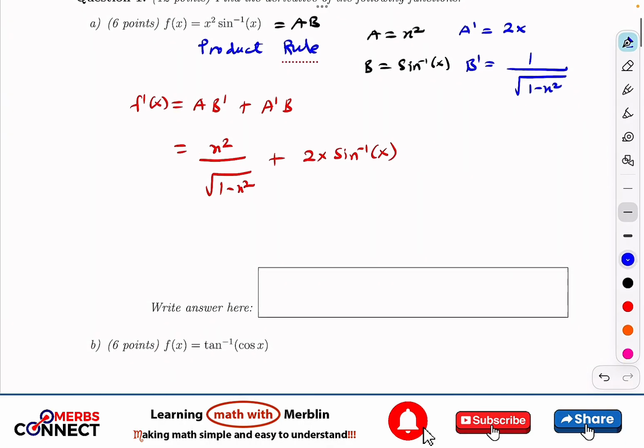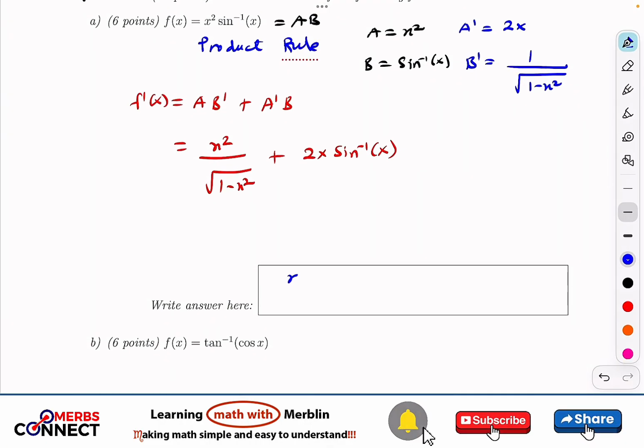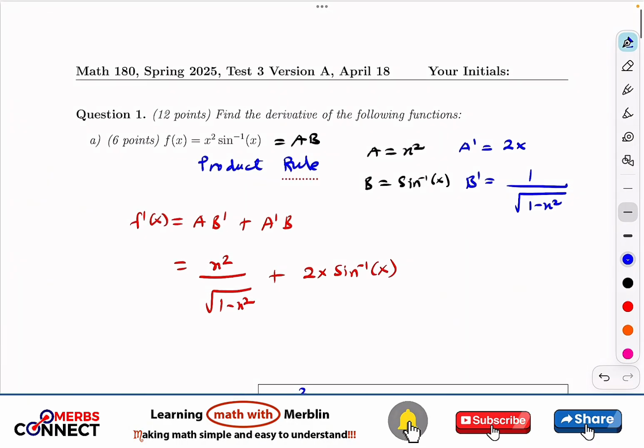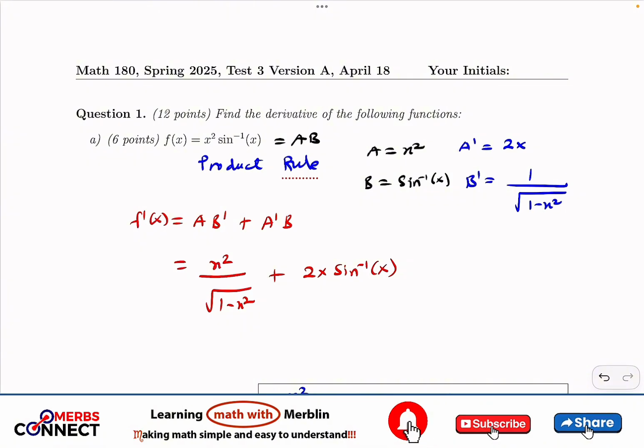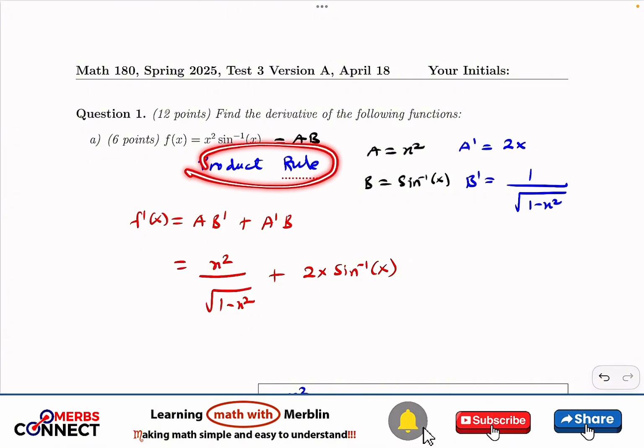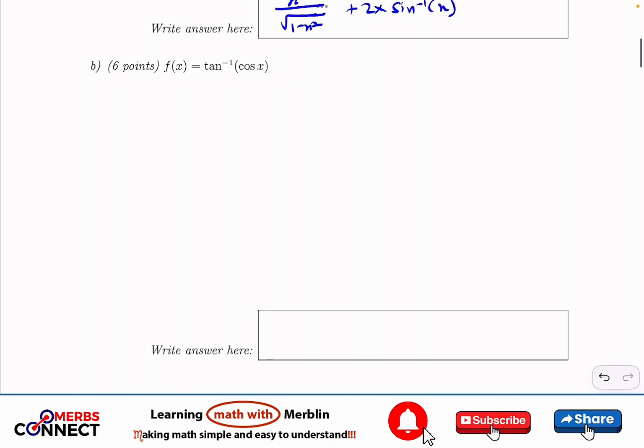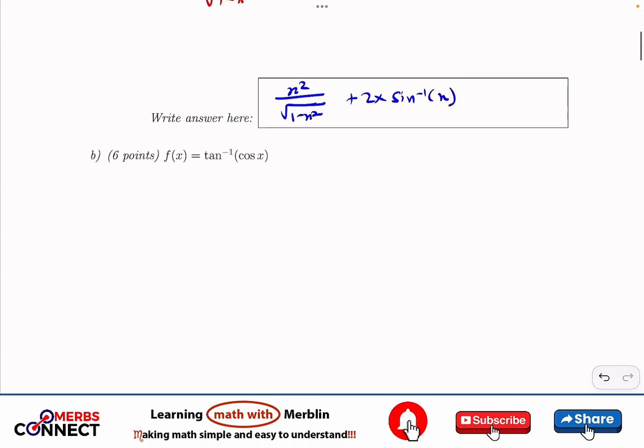Very simple, right? So x squared divided by the square root of 1 minus x squared plus 2x sine inverse of x. The only thing we need to learn from here is to remember the product rule and how to differentiate sine inverse. Make sure you know all of them. If you have not watched the previous video, please go and watch, because it's very useful.